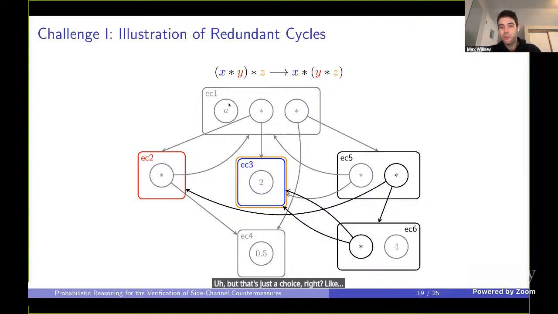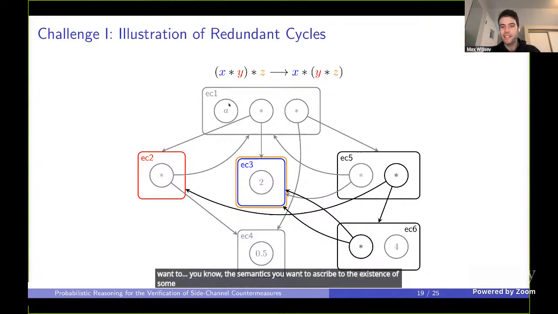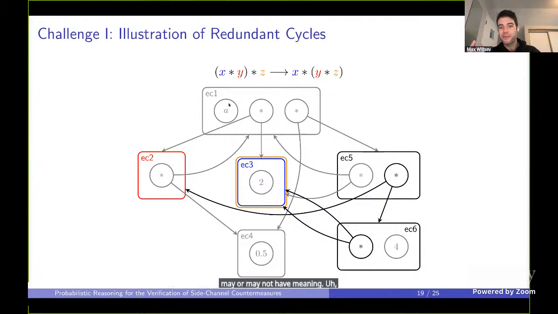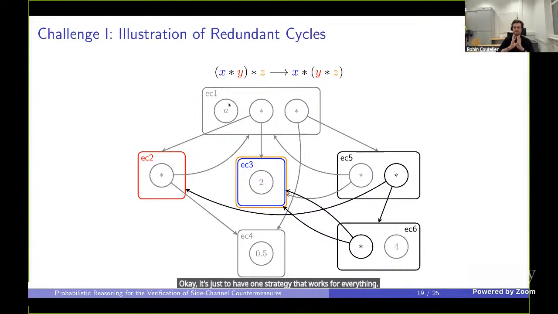The semantics you want to ascribe to the existence of some term in your database may or may not have meaning, and we have to support the fact that it might have meaning. I guess that's all I'm trying to say. To have one strategy that works for everything. Is that a right way to think about it?